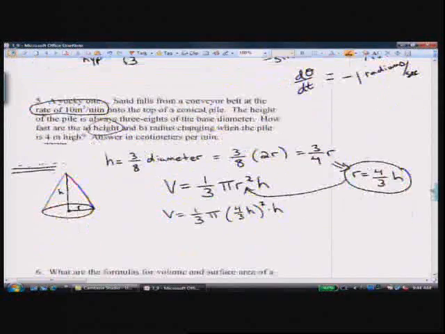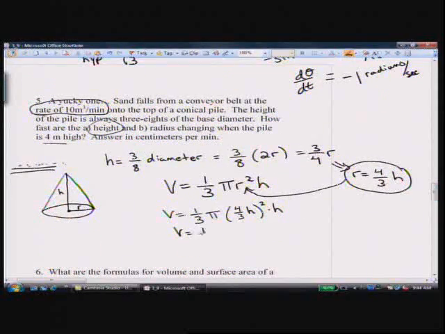And so then V is equal to 1/3 pi times 16/9 h cubed, which is 16/27 pi h cubed.